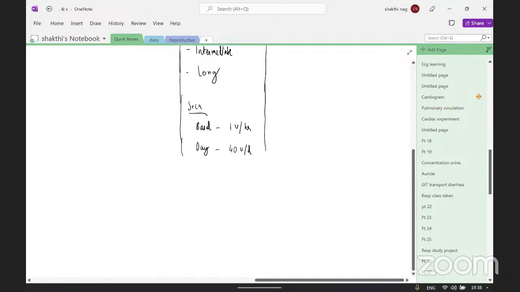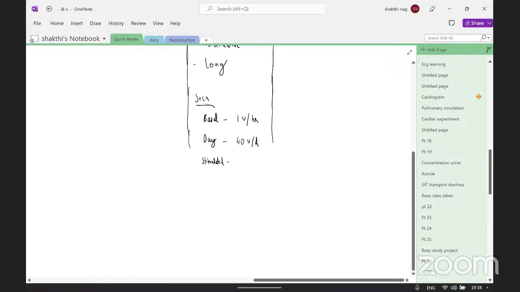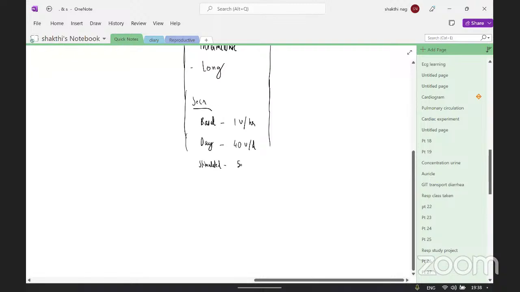It doesn't add up. So this is where your stimulated release is happening. That means every time you eat food, there is a peak in insulin. Apart from the basal, on top of that, there is 5 to 10 times the basal levels released each time you eat.